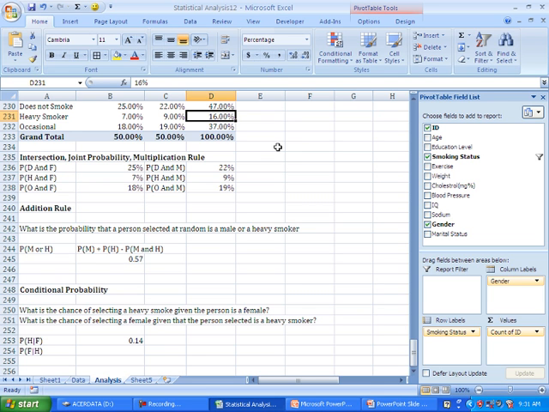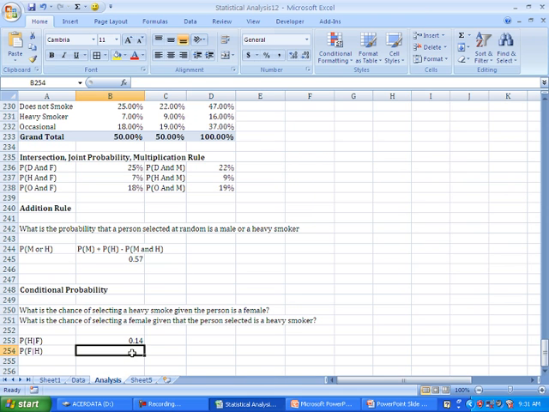Out of the 16, 7 of them are female. So when I translate that into probability language, this comes out as 7 divided by 16. So this works out to around 43.75, if it is known that the person is a heavy smoker.